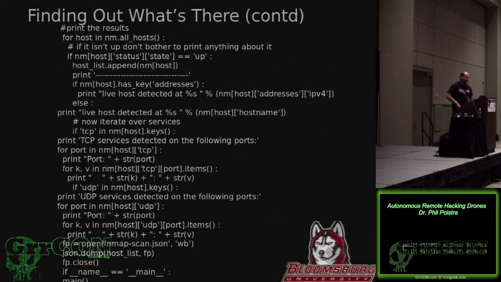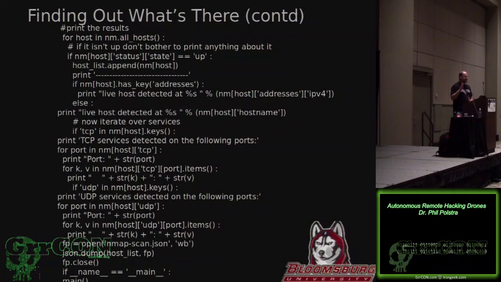You get the results, and basically you have to wait and see when it is done. There are different ways of running Nmap in this. You can run it synchronous or asynchronous. Once that's done, you take all those results, you print them out in a nice, neat way. But the other thing that I think is very useful, I'm taking the results and storing them in a JSON file. Right? You guys familiar with JSON files?